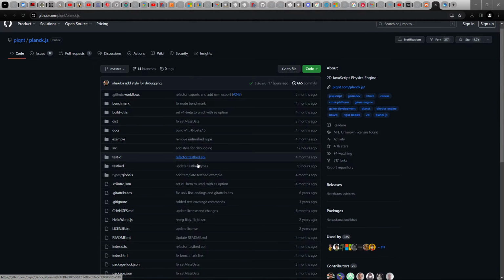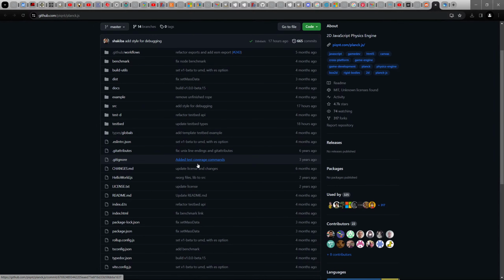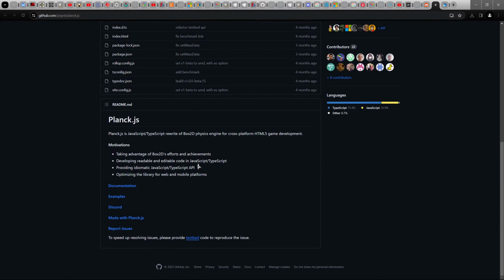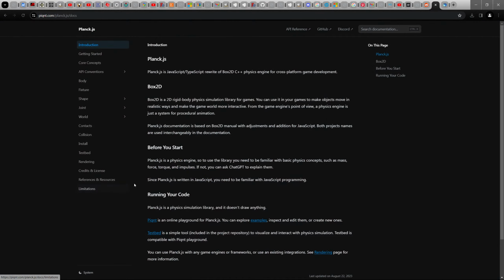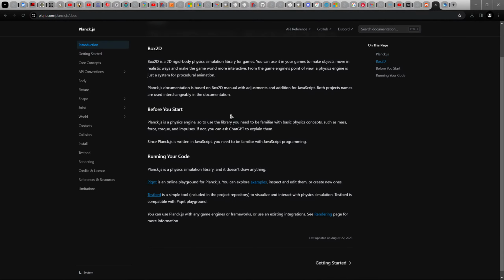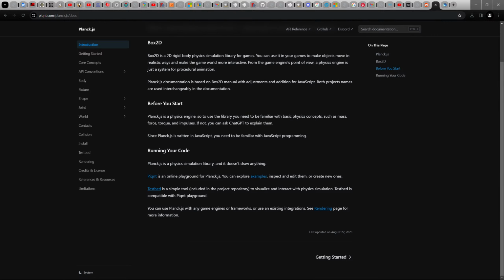Let's check out Plank.js. Box 2D physics engine. The documentation. Box 2D is a physics engine, so use the library.